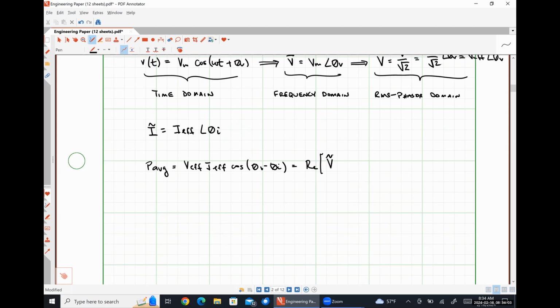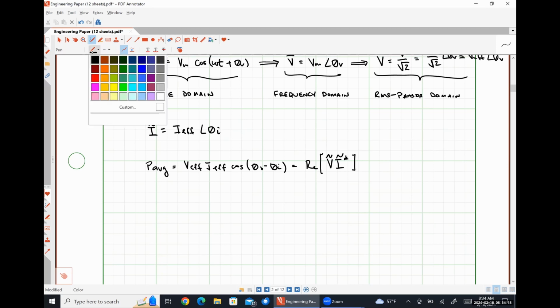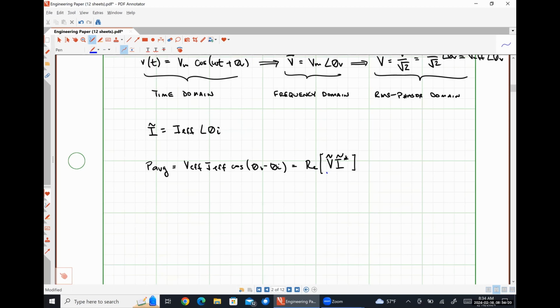My RMS phasor voltage V multiplied by the conjugate of my RMS phasor current. We call this quantity complex power.